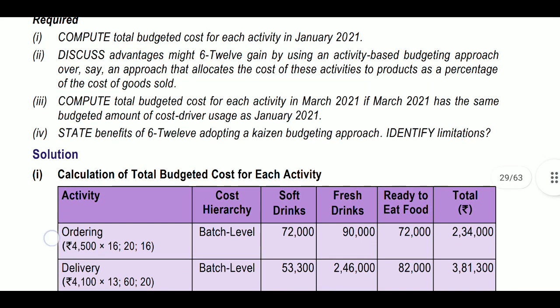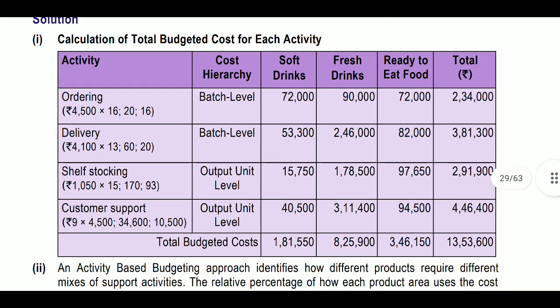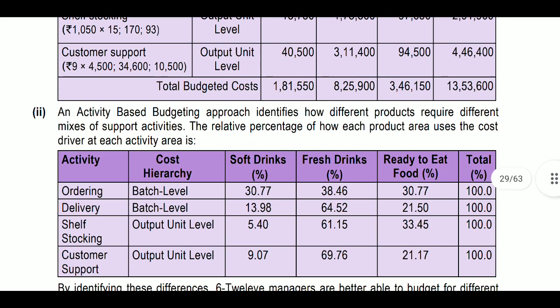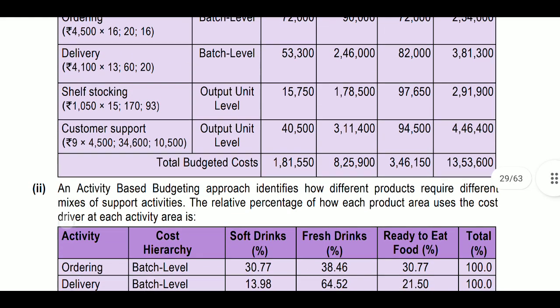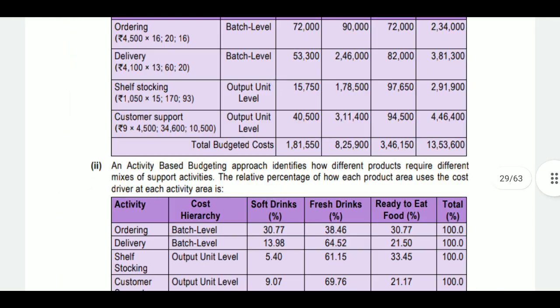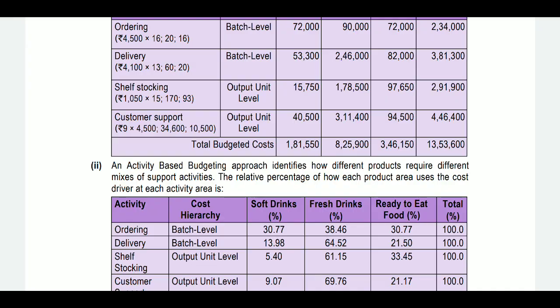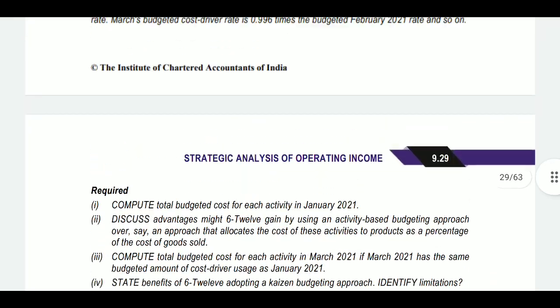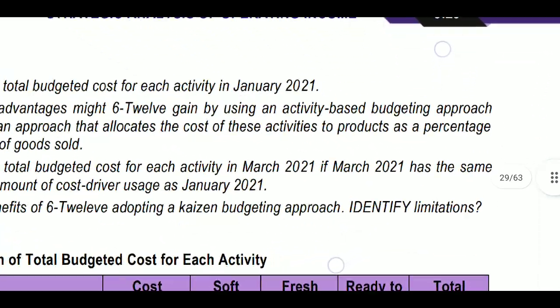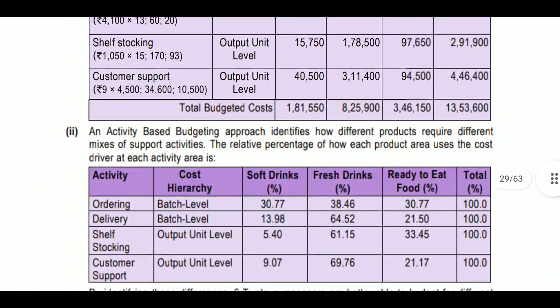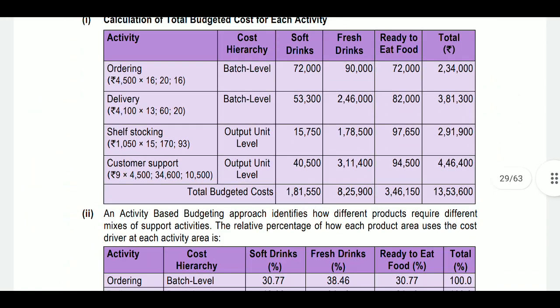That is, we have got the first answer easily, whatever we have discussed is there. And second, we have seen the percentages. We converted to percentages because in the second they asked for product as percentages.